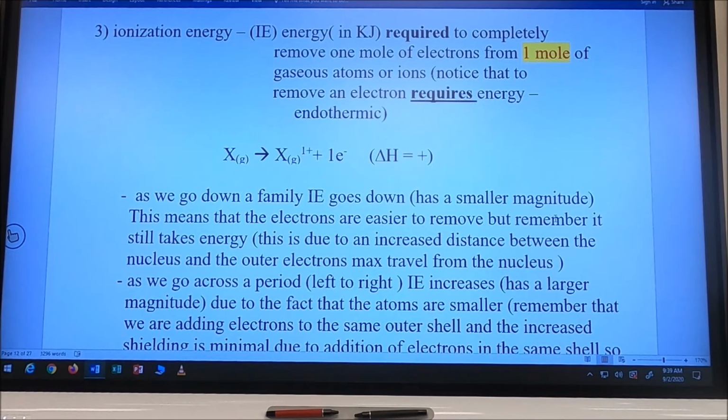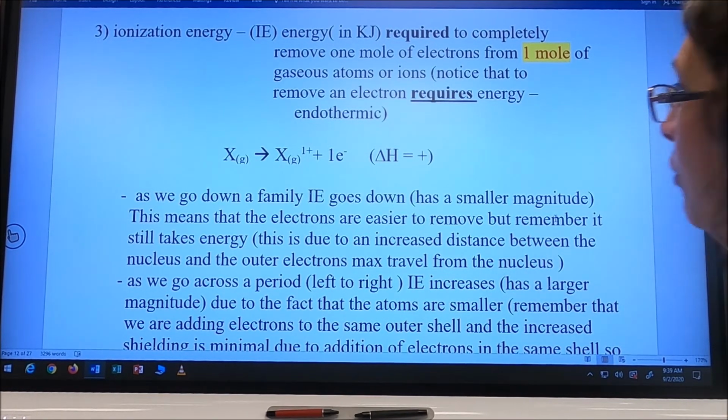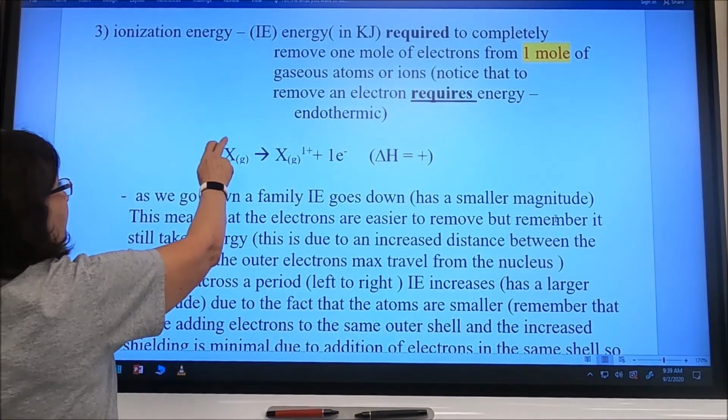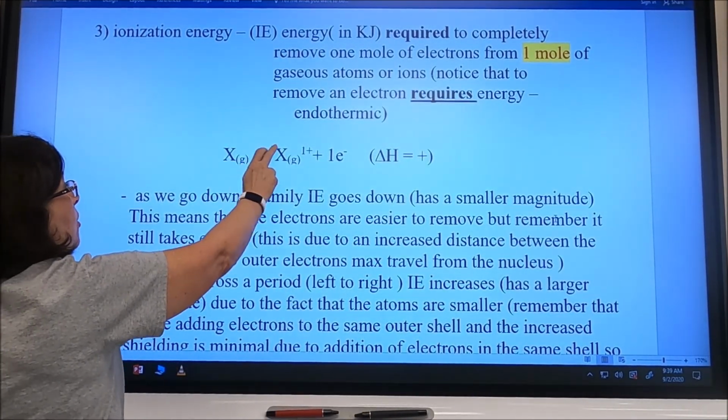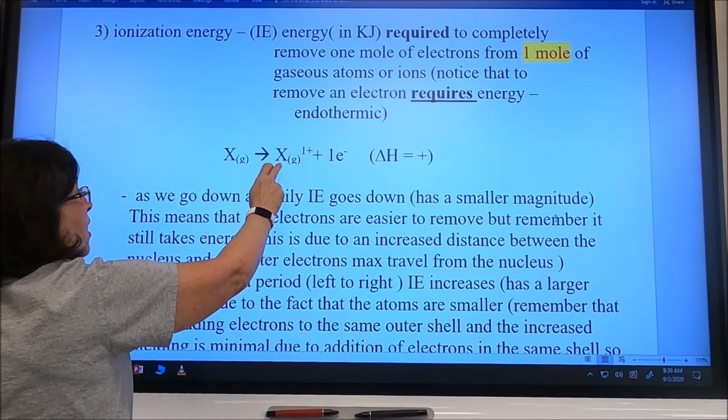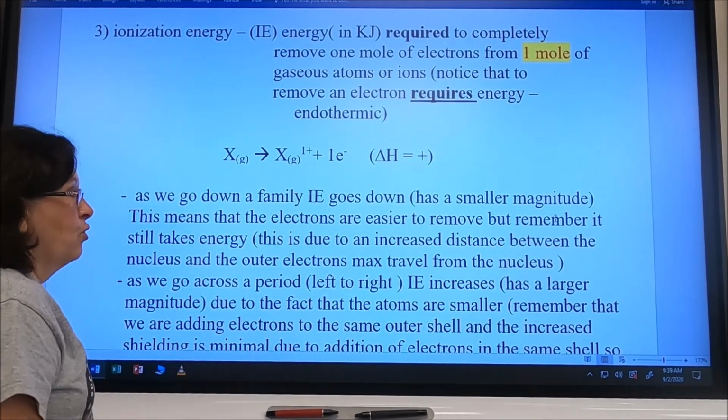When we remove an electron from an atom, it requires energy. The process is endothermic, so delta H is positive. If we write out the process generically in symbols, we say we have a gaseous atom here, and we're going to go to a gaseous 1+ ion plus 1 electron.